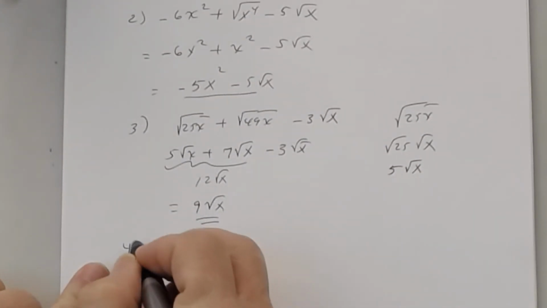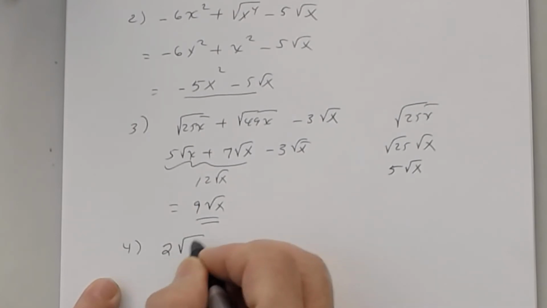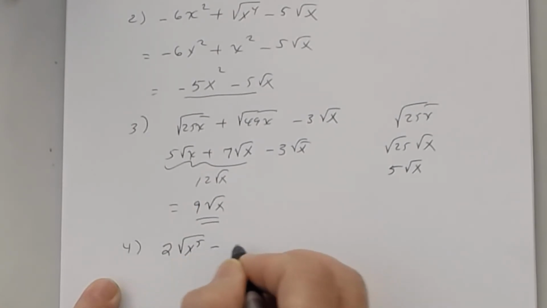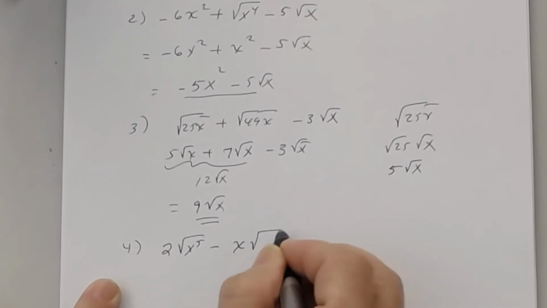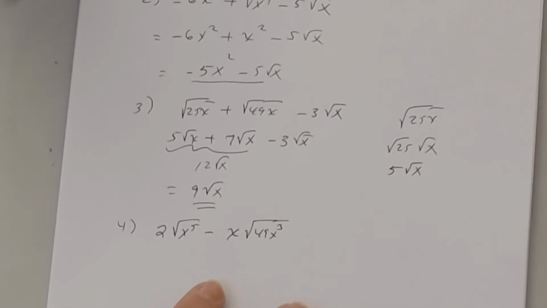All right. The last one, number 4, last one. 2 square root of x to the 5th minus x square root of 49x cubed. Everything you've had up until this point, you can do using this. How many terms do you see? 2.